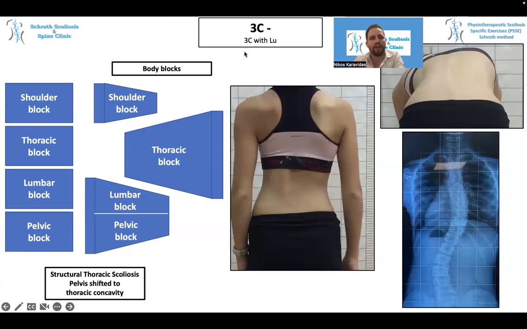The problem for this type in the BSPTS school is that for the Barcelona school, this patient would be classified as 3C, because this is only the classification, no plus and minus. This was a development from me and from our school, from the PSSE-Schroth method. So in the Barcelona school, they always say that 3C is always aiming to get an overcorrection for the thoracic.